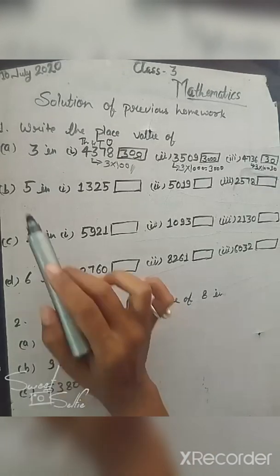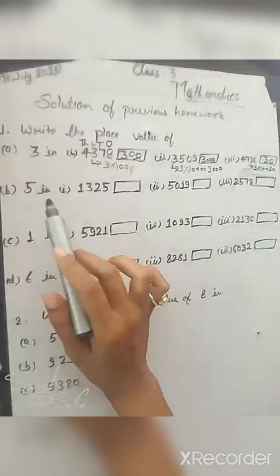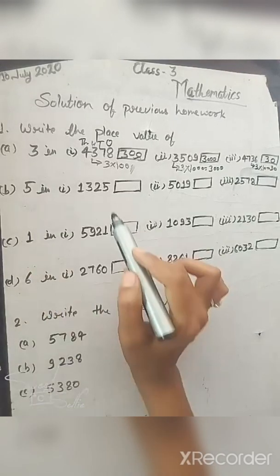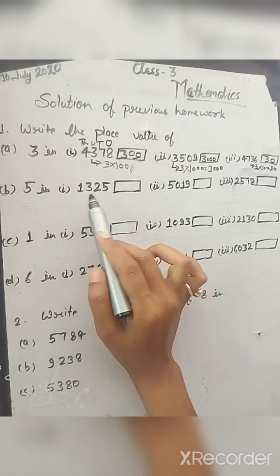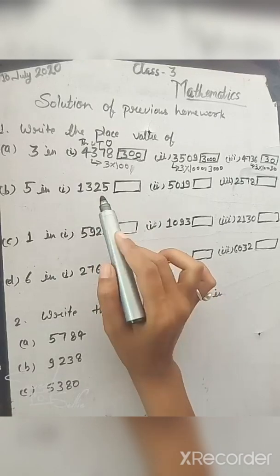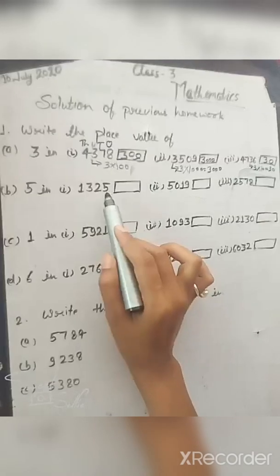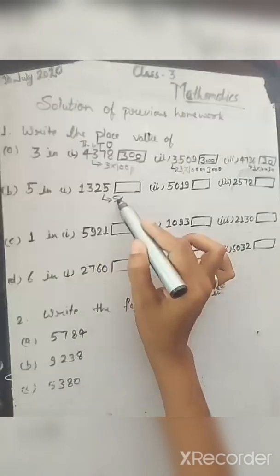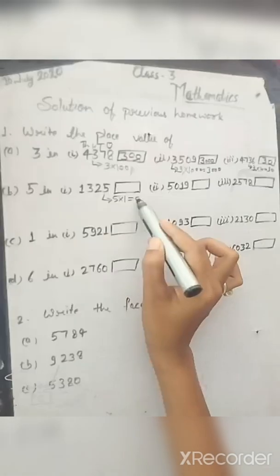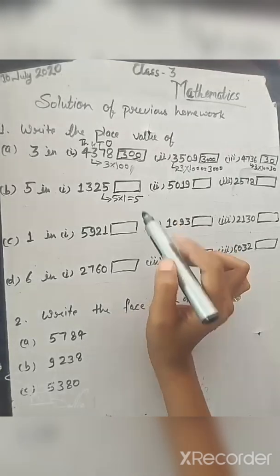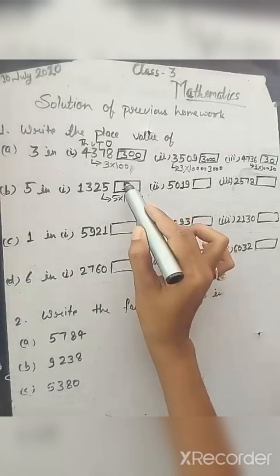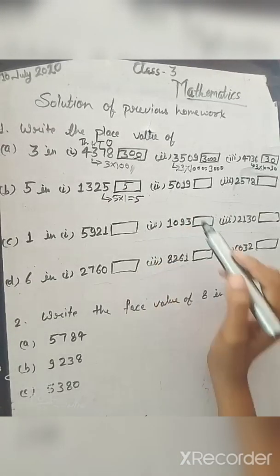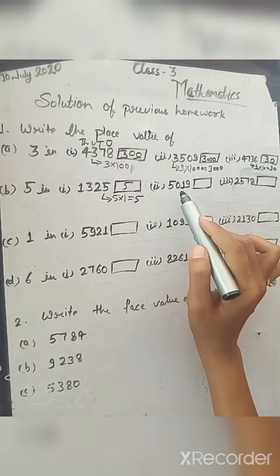Look at B. In B, we have to find out the place value of 5. In first, 1325. We can see here in this numeral 5 at ones place. So we will multiply it with 1. 5 multiplied by 1 is equal to 5. So here we will write 5. Okay. Look at next, 5019.